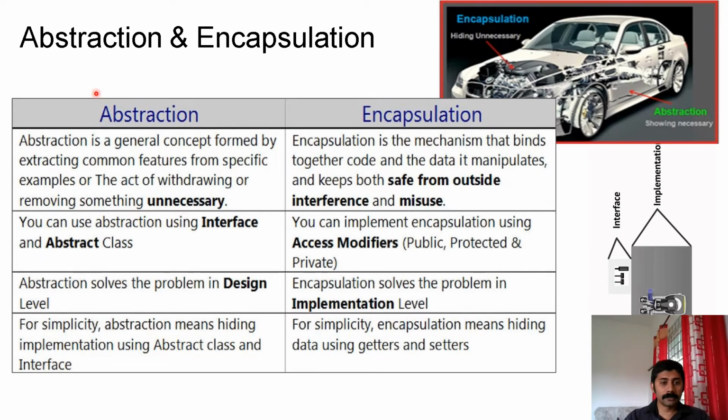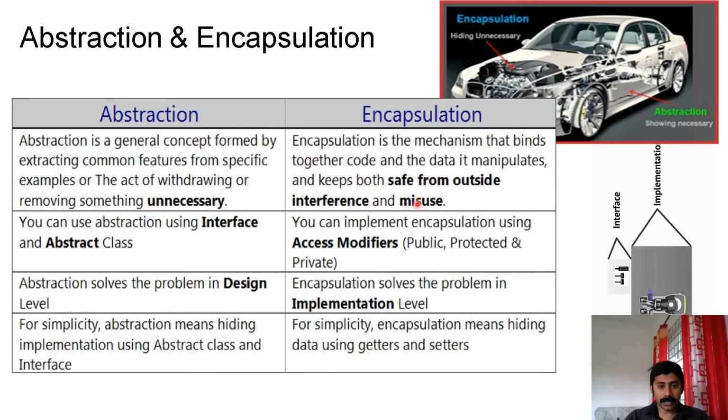Here we have a comparison between abstraction and encapsulation. Abstraction is a general concept formed by extracting common features from specific examples, or the act of withdrawing or removing something unnecessary. Encapsulation is the mechanism that binds together the code and the data it manipulates and keeps both safe from outside interference and misuse.